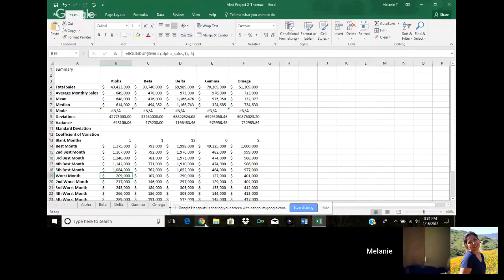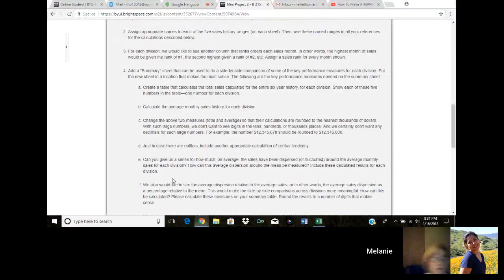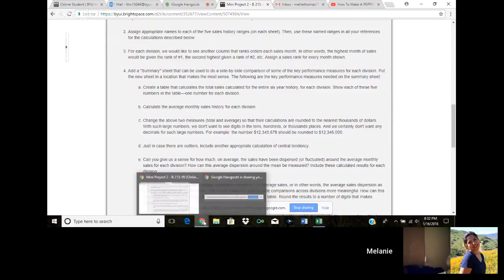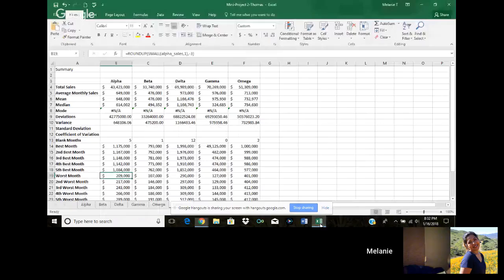I got stuck on the central tendency and the dispersion or fluctuation. Average and the dispersion. I got mixed up on that. But if you look here in gamma in the best month, the difference in the totals.